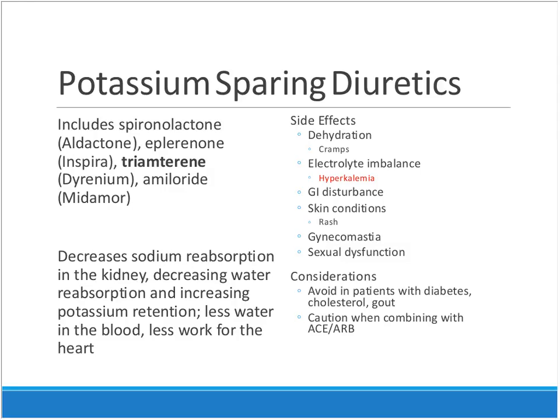And also agents that you might want to avoid in male patients, mainly because of the risk of gynecomastia, which is the increase of growth of breast tissue, and sexual dysfunction, which tends to manifest a bit more frequently in the male population. Also, these agents, because we are, again, messing with water levels and electrolytes, we should avoid in patients with diabetes, cholesterol, and gout because it can complicate our control of these.